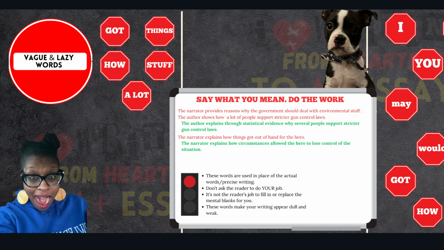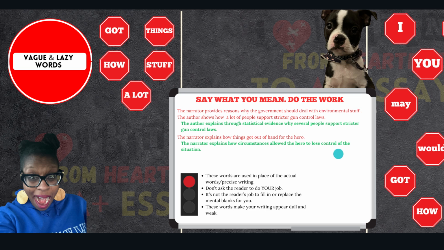Or "the narrator explains how things got out of hand for the hero." Well, how does the narrator explain it? "The narrator explains how the circumstances allow the hero to lose control of the situation." So now I specifically explain how the author did it, and I also replace "things" with "circumstances." So those are the 15 "you bet not" words you bet not use in your essay.